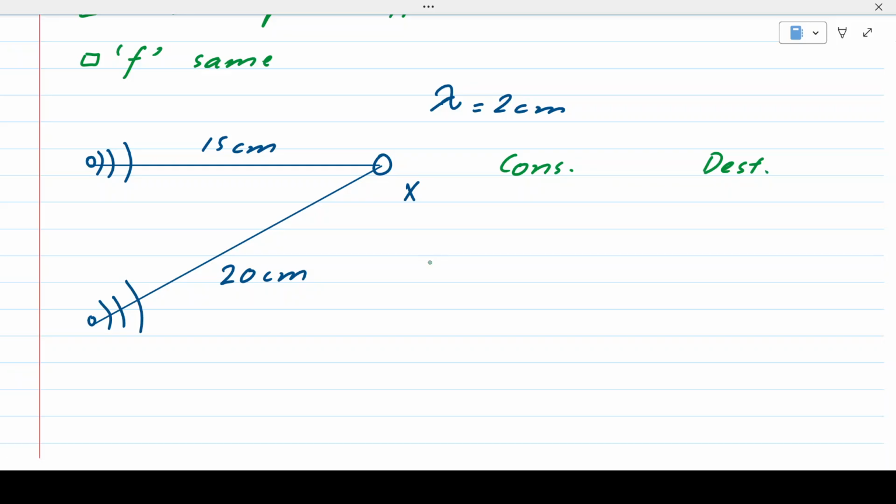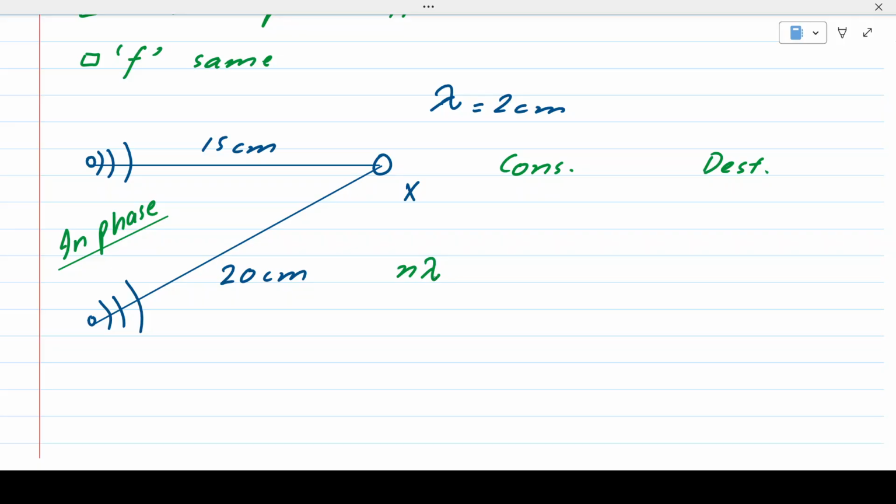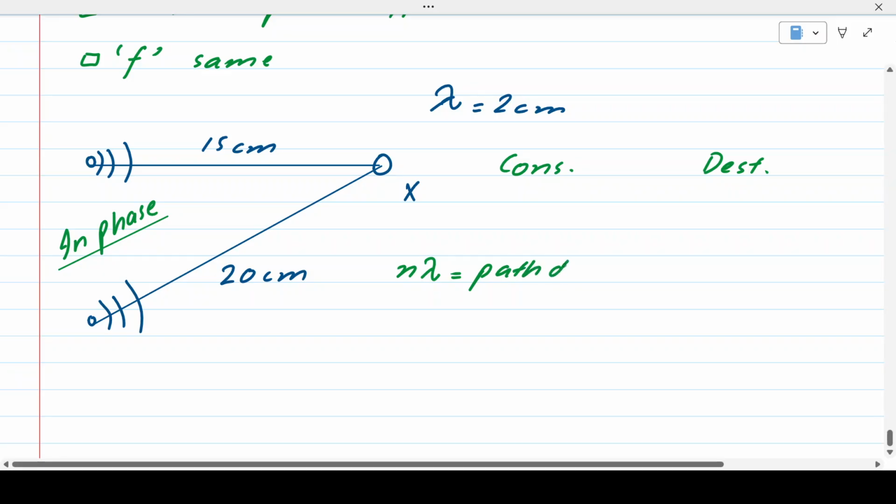So there is a method. If the two sources were initially in phase, somewhere in the question you read two sources are in phase, then n lambda equals the path difference. Find the value of n.